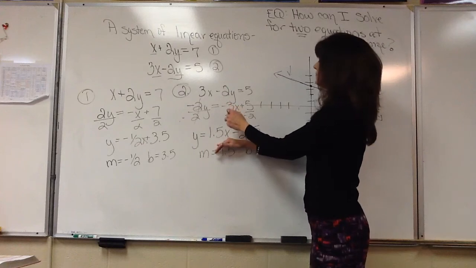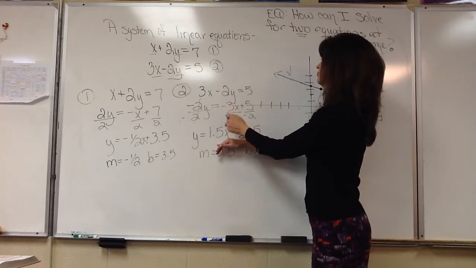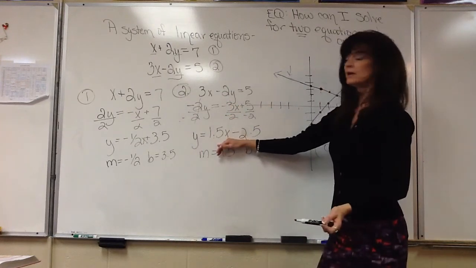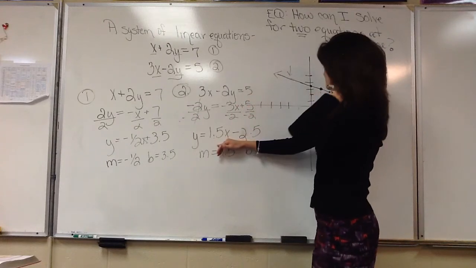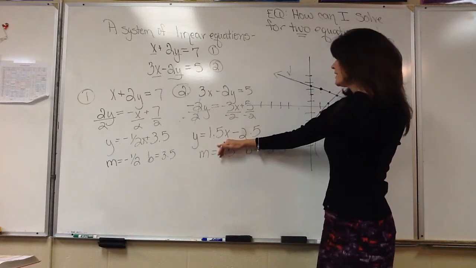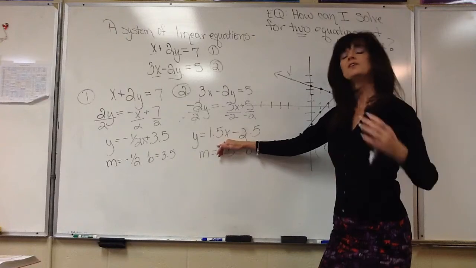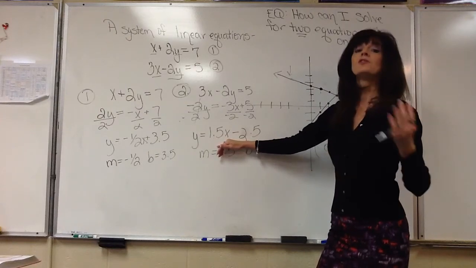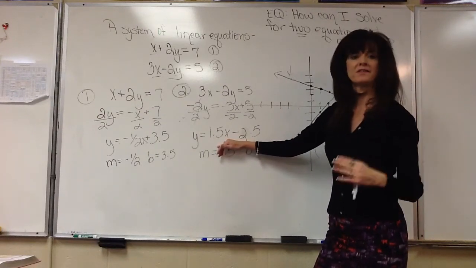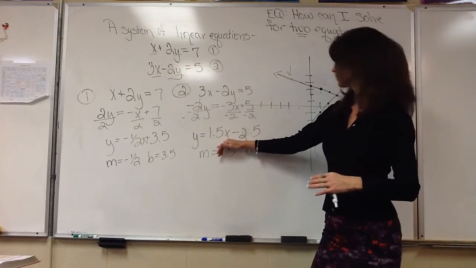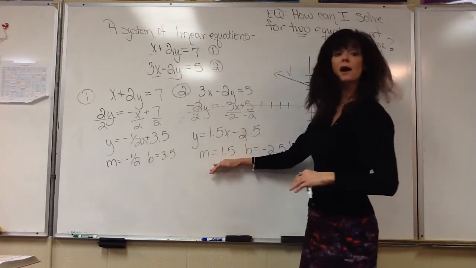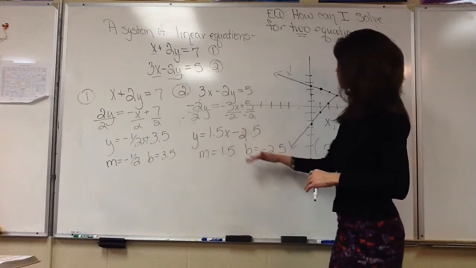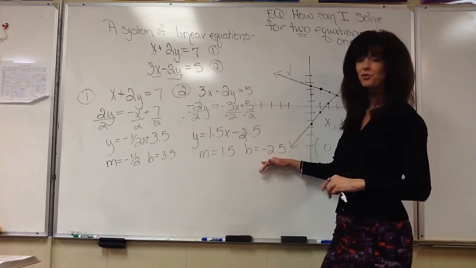Of course, negative by negative will make a positive, and 3 over 2 equals 1.5. And then 5 over negative 2 will make a negative, and that equals negative 2.5. Notice how I'm putting these in decimals, and the reason why is so that it makes it easier to graph. Okay, so I'm going to identify my slope, which is 1.5, and my y-intercept, which is negative 2.5.